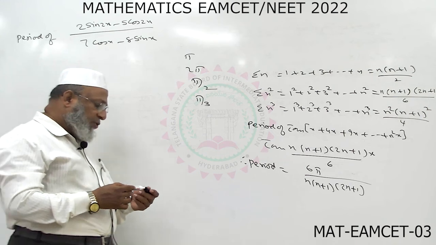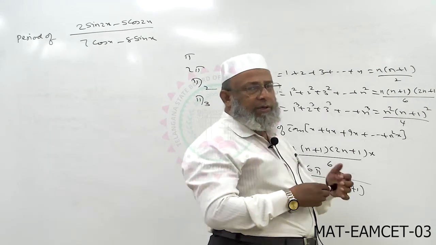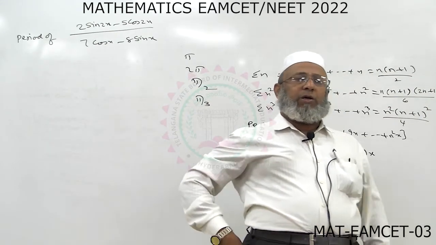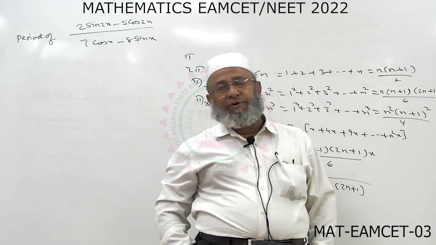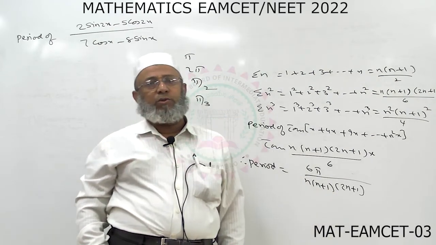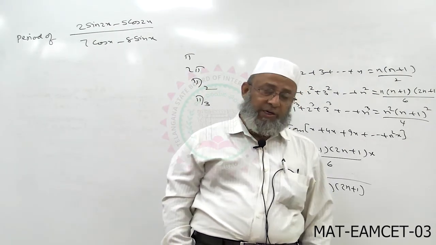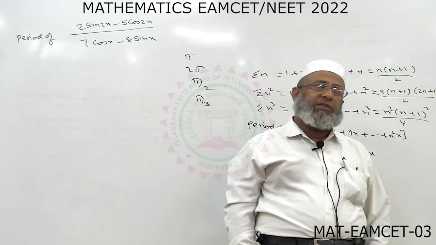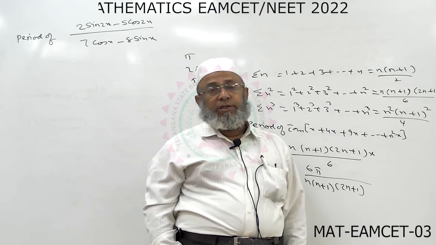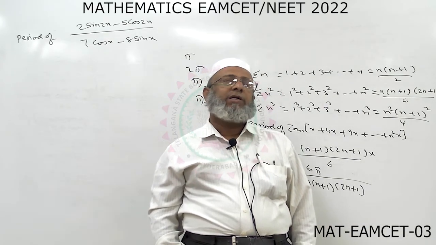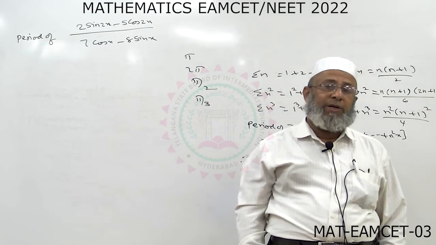Here you have to keep in mind, till now we have found the period when the function is only in the numerator. There was no denominator. But in this case, you have observed that there are two terms in the numerator and two terms in the denominator.